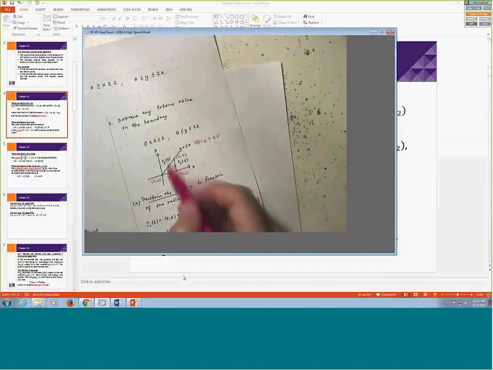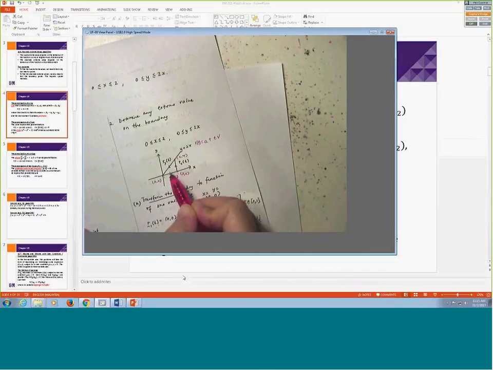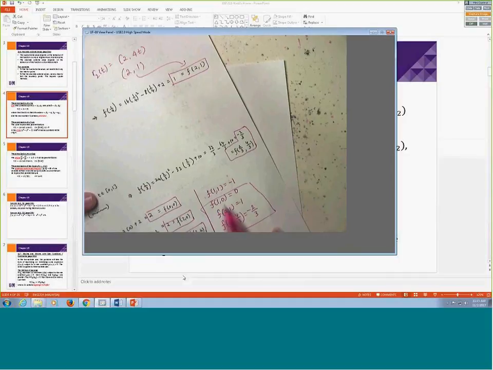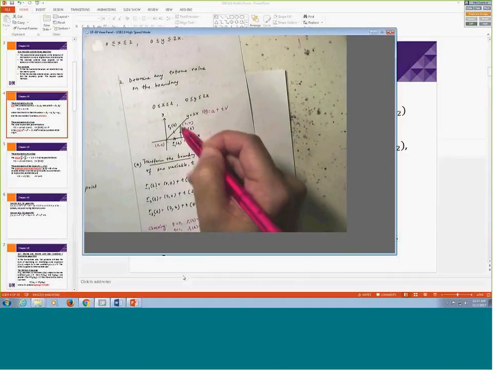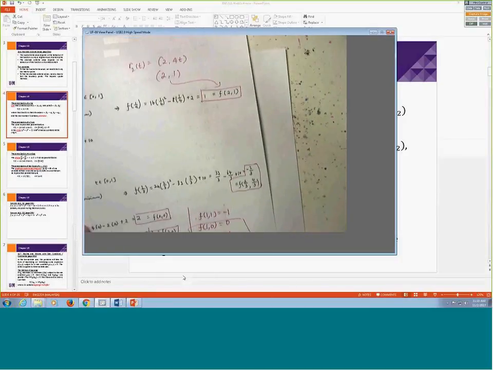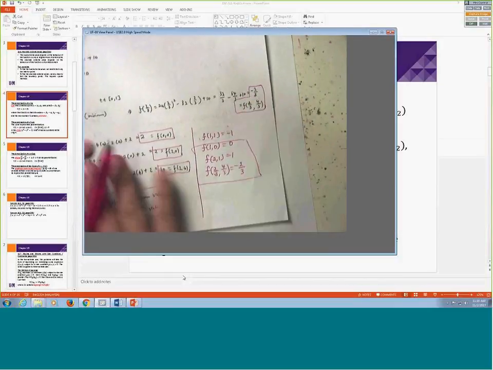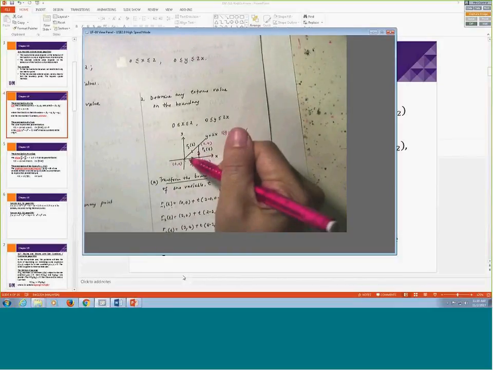Along this point (1, 0) you have a minimum here. f(2, 1) means when you have f2 and 1 here, you have a local minimum. When you have f(2/3, 4/3), negative 2/3 means somewhere here you have a minimum value.